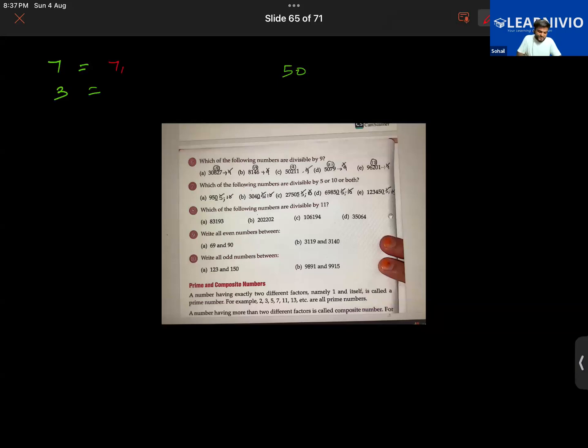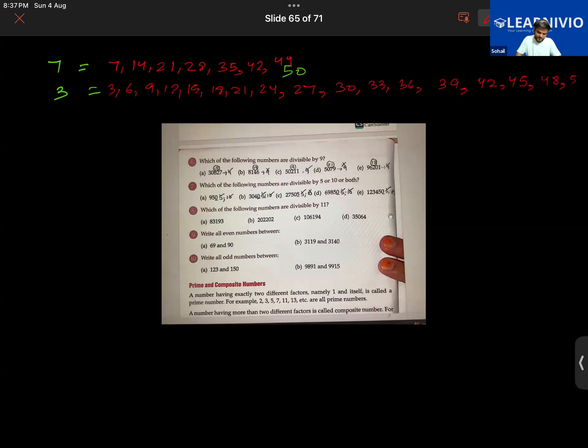7 1s are 7, 7 2s are 14, 21, 28, 35, 42, 49. And 3 1s are 3, 6, 9, 12, 15, 18, 21, 24, 27, 30, 33, 36, 39, 42, 45, 48, and 51.